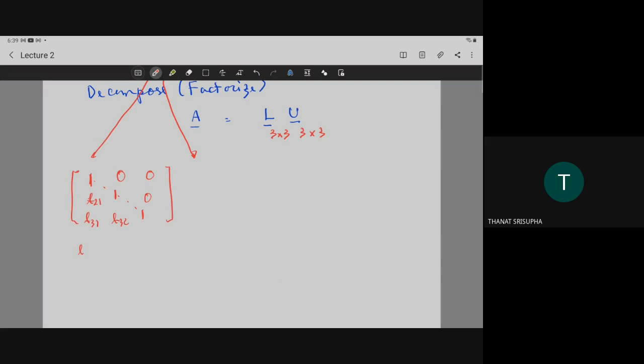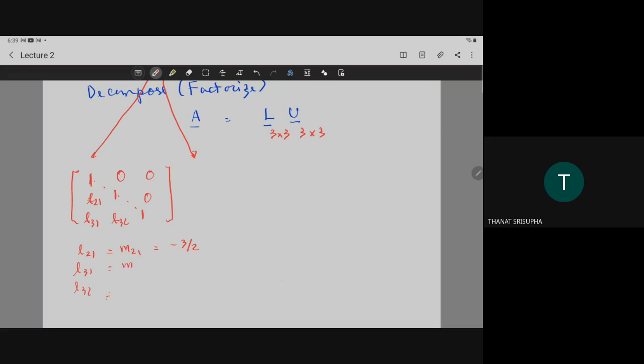Because of the way we reuse the equations, we write L21 equal to M21 from previously, the coefficients for transforming the equations. So we have minus 3/2, and L31 and L32 are equal to the coefficients from the equation manipulation that we did.